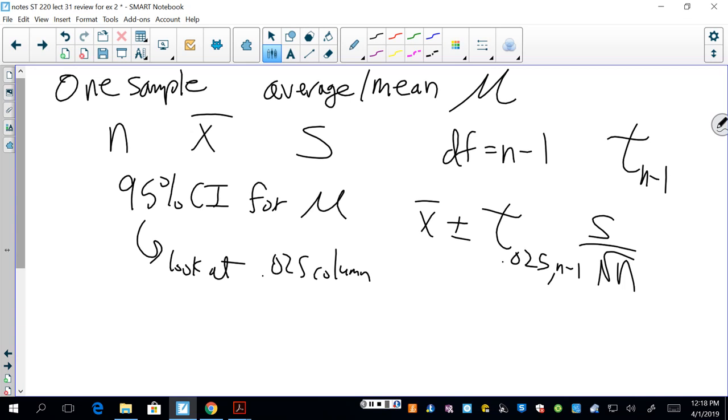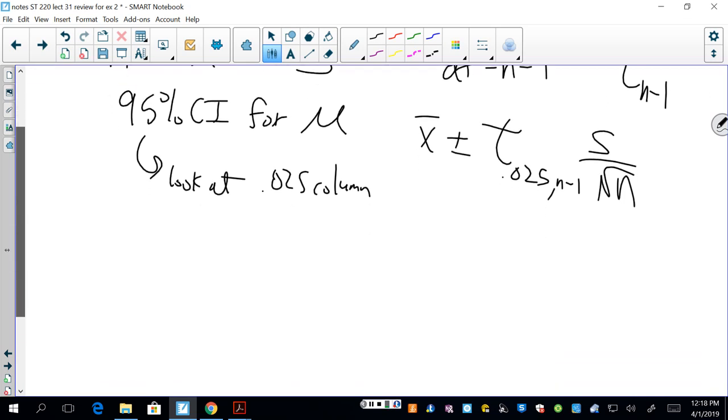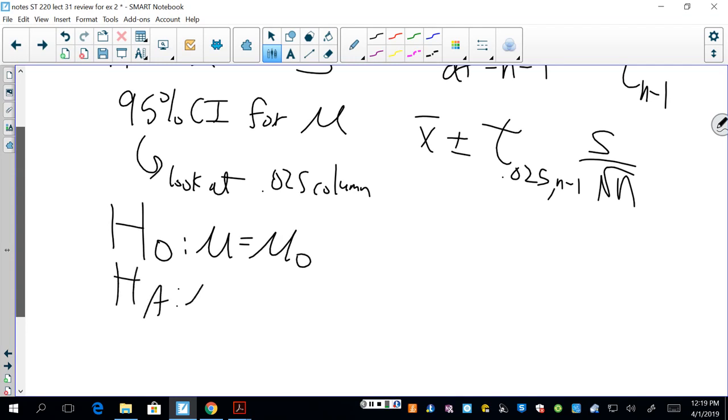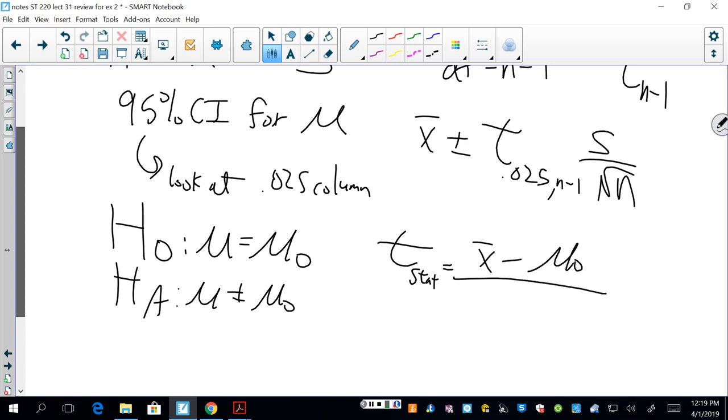So the other way to do it is a hypothesis test. The null is that the mean equals some value versus an alternative that it does not equal that value. In that case, it was 0.1 cracks per some distance. We're going to generate a t statistic, x bar minus mu sub 0. How far is our sample average from the hypothesized value?